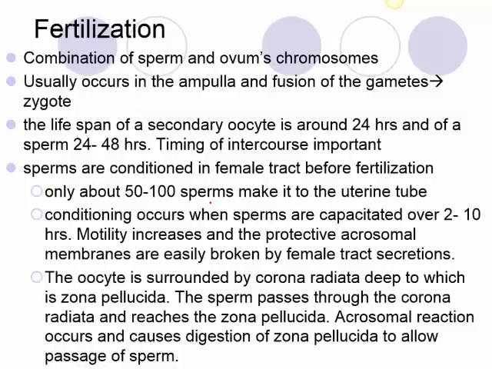What happens at fertilization? There is a combination of the haploid gametes of the sperm and the ovum, so those chromosomes combine. Fertilization usually occurs in the ampulla, and when these 2 gametes fuse, we call it the zygote. The secondary oocyte lives only for 24 hours, and the sperm lives for about 24 to 48 hours.